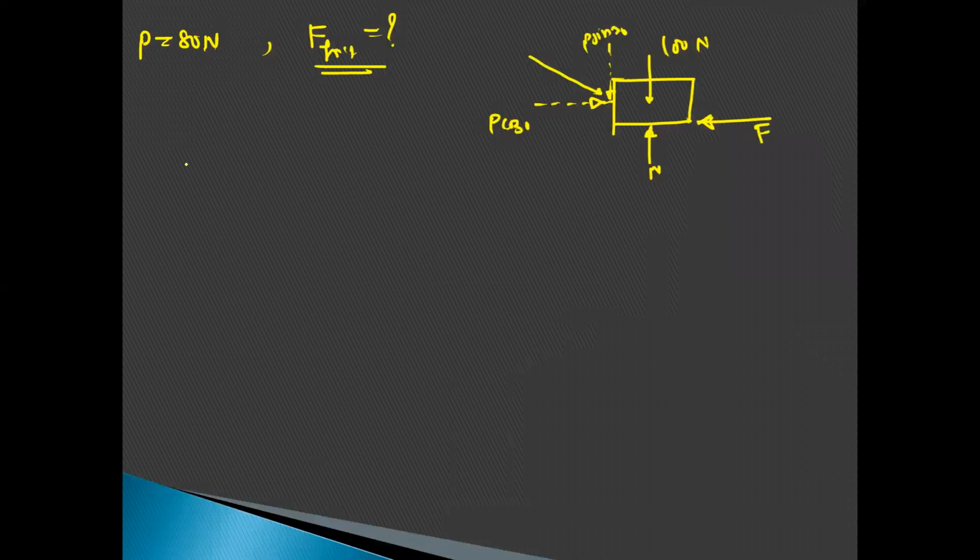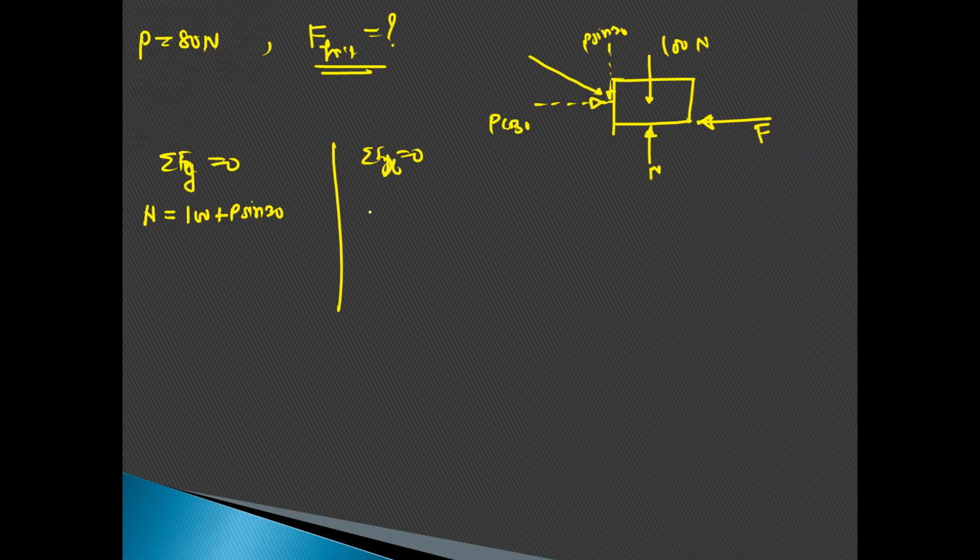From summation Fx equal to 0 and summation Fy equal to 0. From summation Fy, we get the normal reaction equal to 100 plus P sin 30.